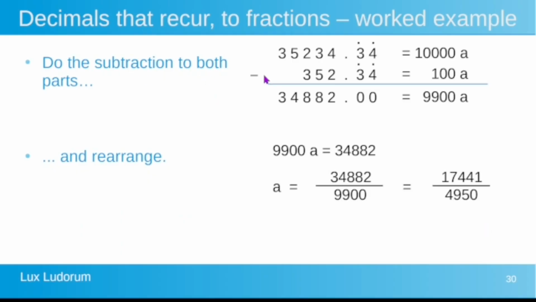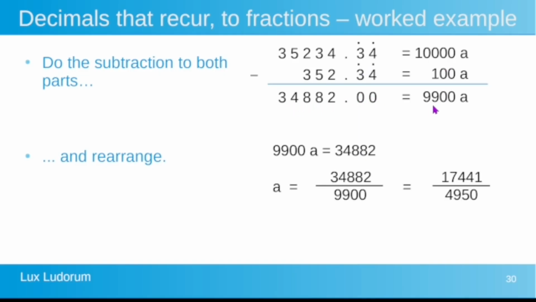We then do the subtraction to both parts, that is the decimal bit and the bits that have got multiples of A in them. We subtract, we get 34882 point nothing in this case, and that's what we're aiming for, is to have nothing there to make this an integer.